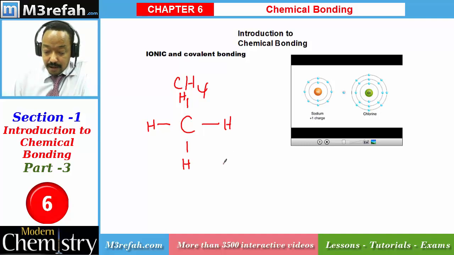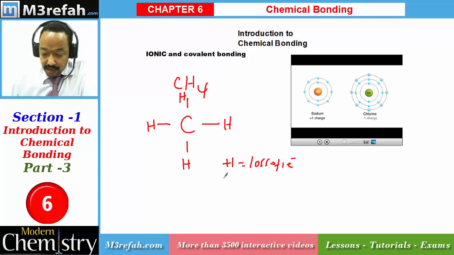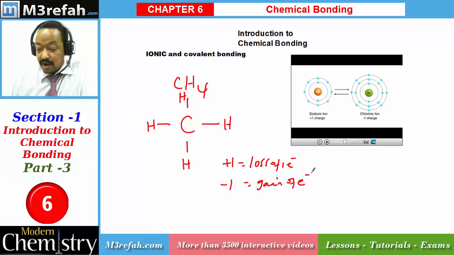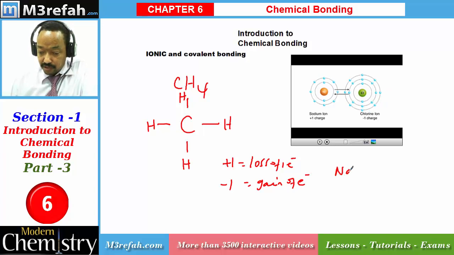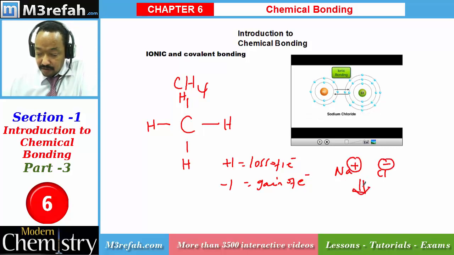Plus 1 means loss of 1 electron, and chlorine gains 1 electron. This indicates gain of electron. Now both of them are charged. Sodium is positively charged and chlorine is negatively charged. So this electrostatic force of attraction makes a strong bond between sodium and chlorine.